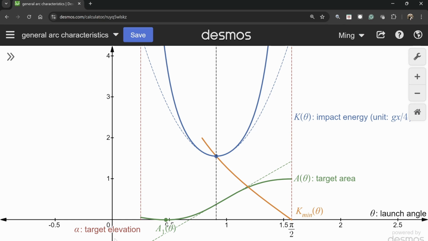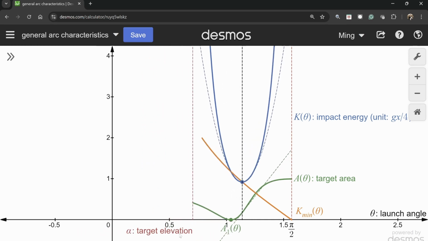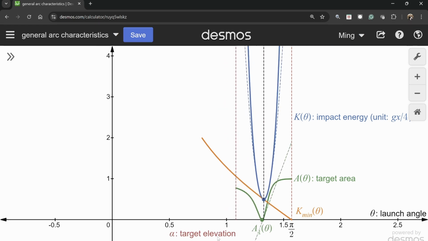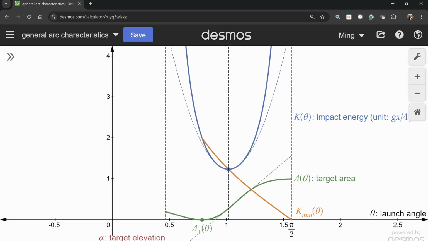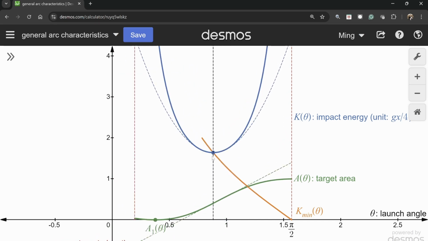I will then change the target elevation alpha, and we'll see that the two functions, k theta and a theta, will get stretched accordingly. And the yellow curve, once again, is a path traced out by the minimum energy point.